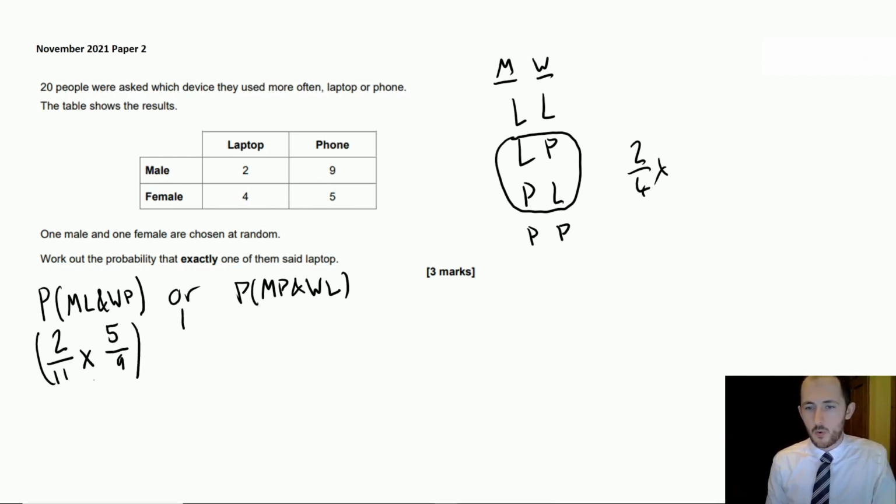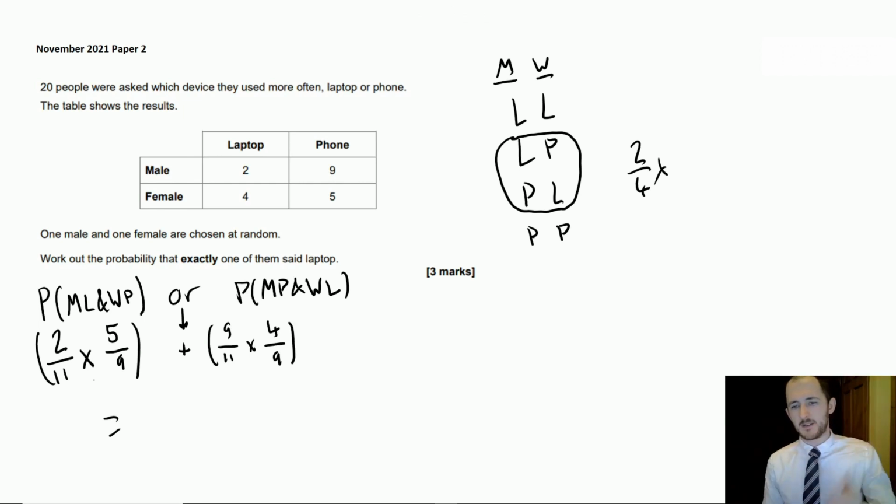Then we have the word or, which corresponds to a plus when we're talking about probability. So man says phone, that's going to be 9 over 11, multiplied by woman laptop, that is going to be 4 over 9. That is going to be our final answer.